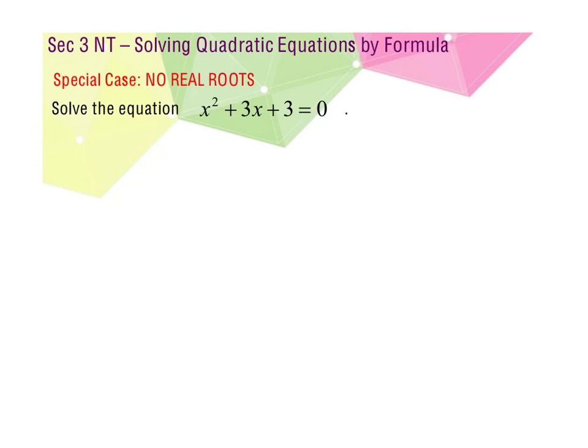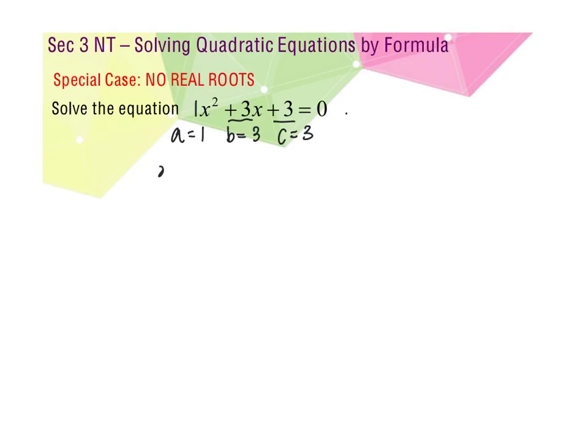Now for additional information, there's one special case where there will be no real answers, and this one is usually not tested in an exam, so if you do not like to learn, it's okay. For this type of equation, I will still use my formula to solve. a equals 1 unit of x squared, b equals 3 units, and c equals 3.